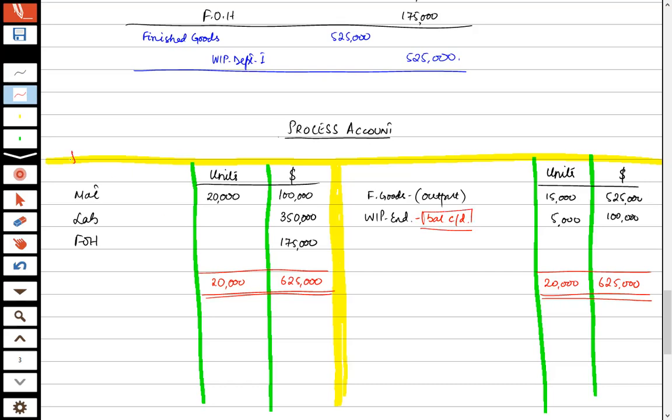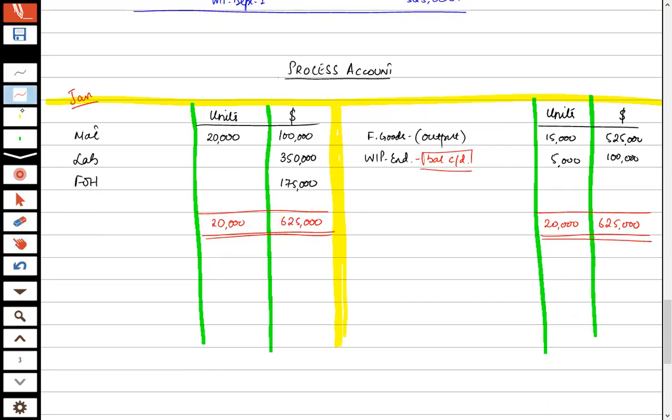Let's suppose this is the month of January. Obviously, the process will not stop. The process will continue. In the month of February, this balance carried down will be treated as the balance brought down.